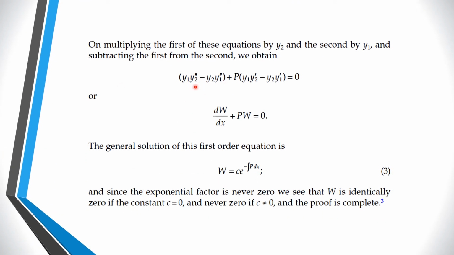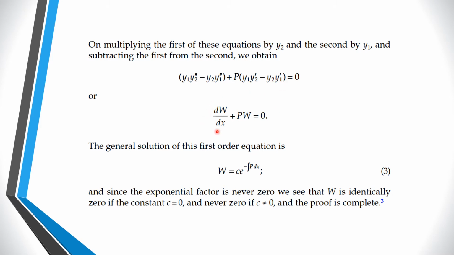So what will happen? You will see the last term, the q(x) term, cancels out and you are left with this term. Now just see, what is this? This is nothing but the derivative of the Wronskian with respect to x, and this inside term is nothing but the Wronskian term y1 y2 prime minus y2 y1 prime, right?